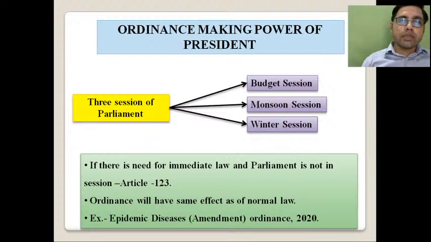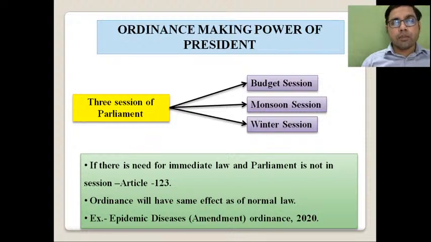But there might be some situations, because governance is not something that you do on some days and not on others. Parliamentary sessions take place in certain months, they may not take place every day, but governance takes place every day. And in that process there might be a need for immediate legislation, and ordinance is nothing but such an immediate law making power of the executive.